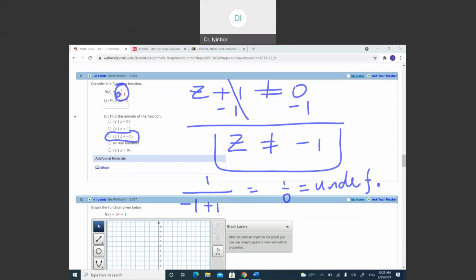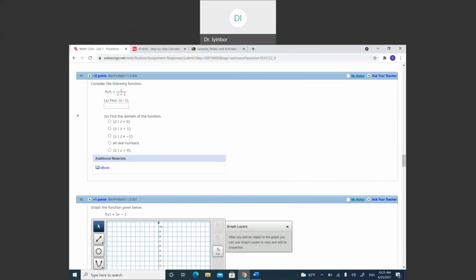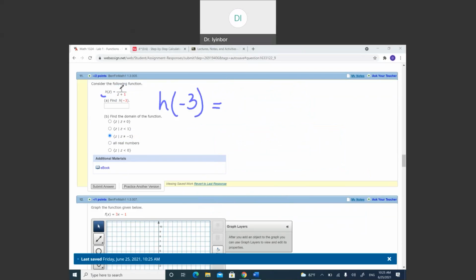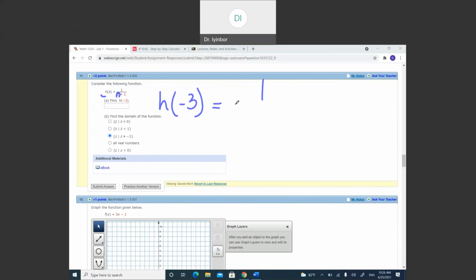Okay? And then you have to calculate, so that was the answer for this one. And we have to find also h, the function. Instead of f, you have h of -3. So I'm going to follow the function and replace z with -3. So I have 1 over -3 plus 1, you can use symbol up if you like.